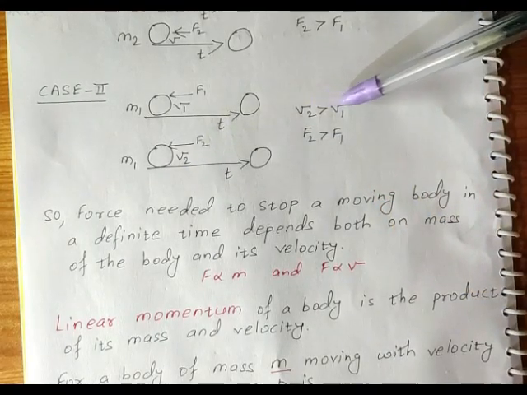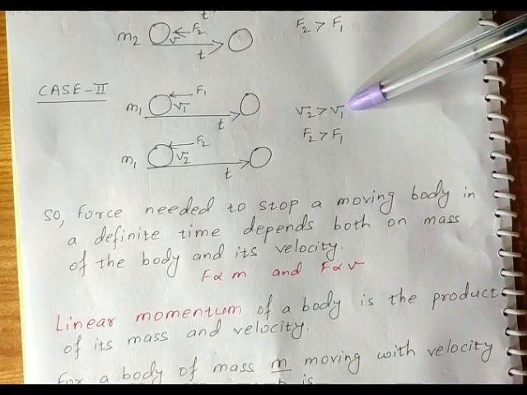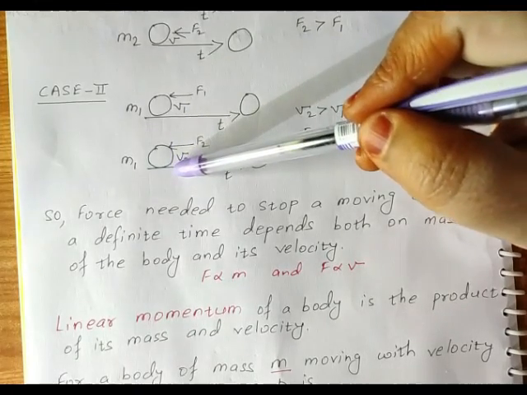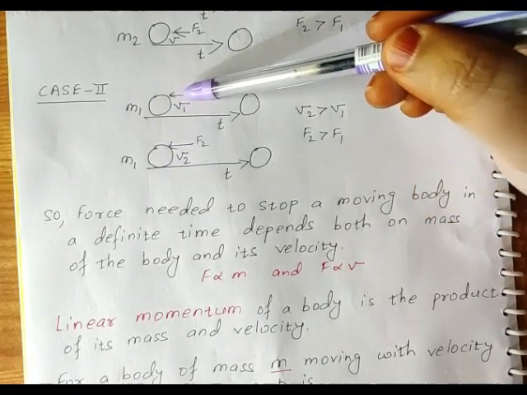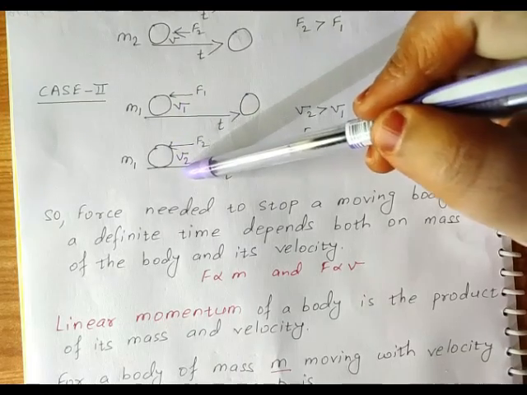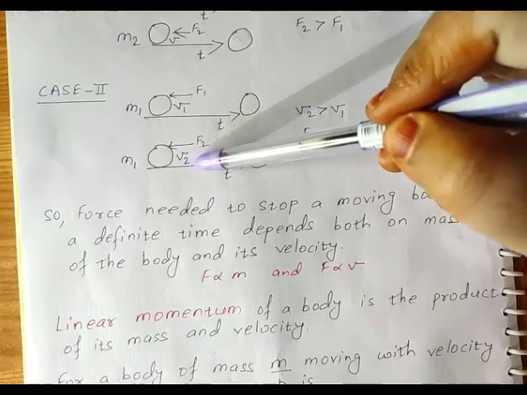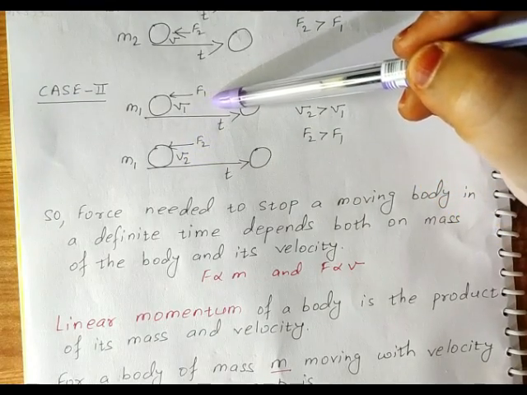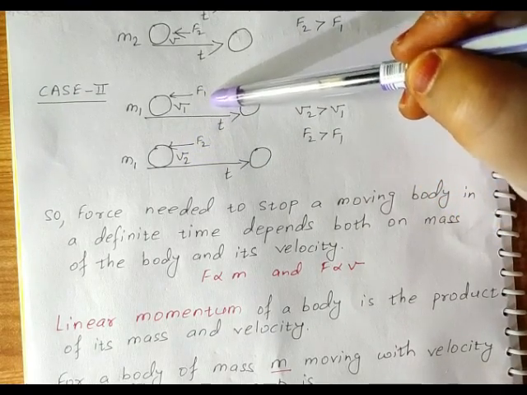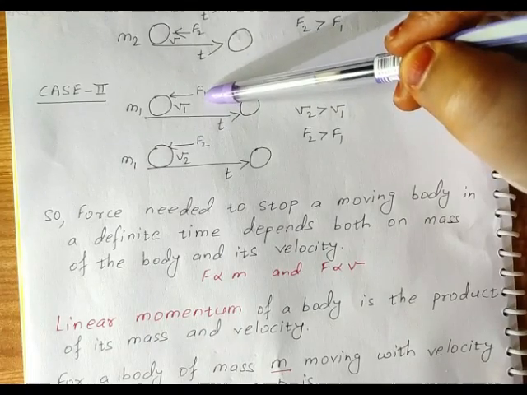Now v2 is greater than v1, which means the second body is moving faster than the first body. Clear children? Understanding?